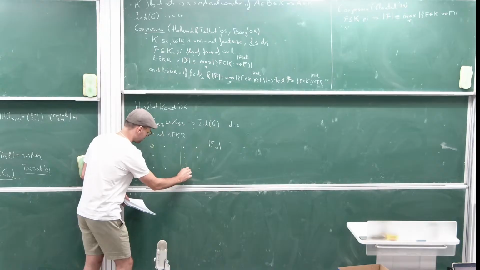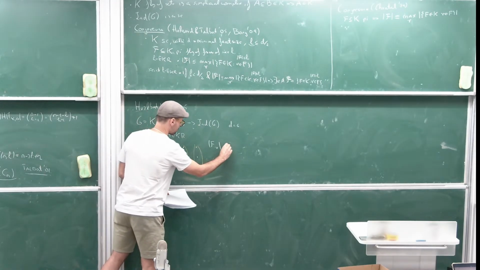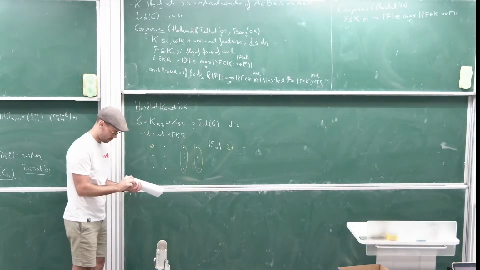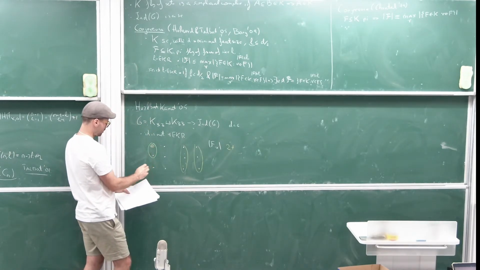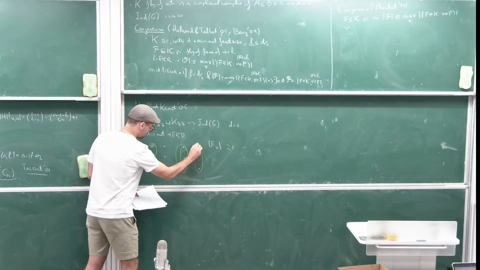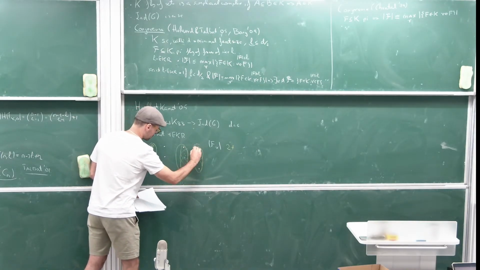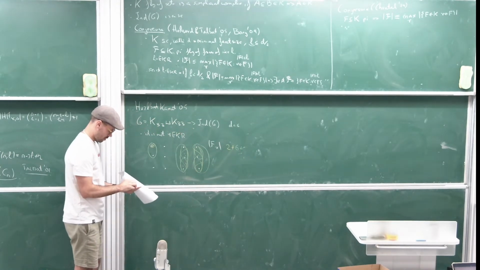Well, you have these 4 sets, 2 plus, then you have 2 here, 6 here, and the same.